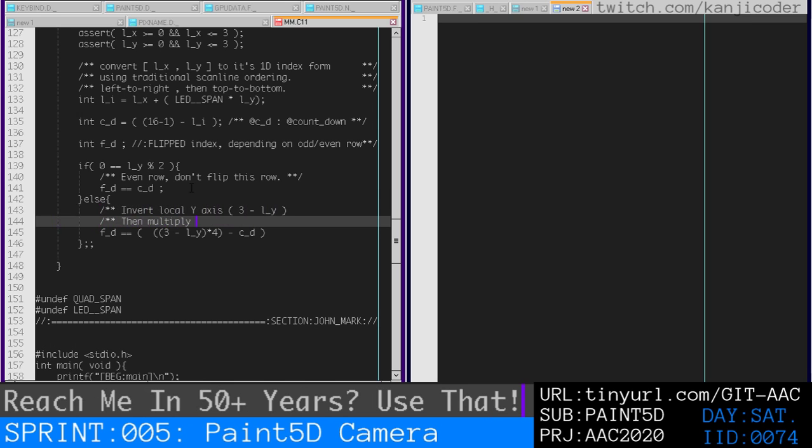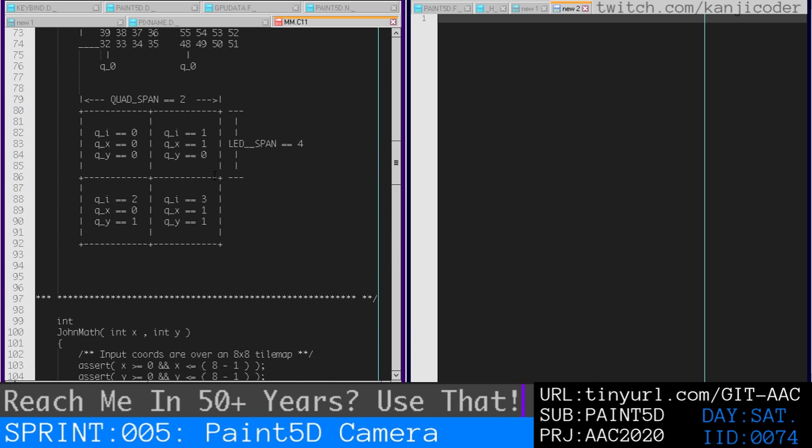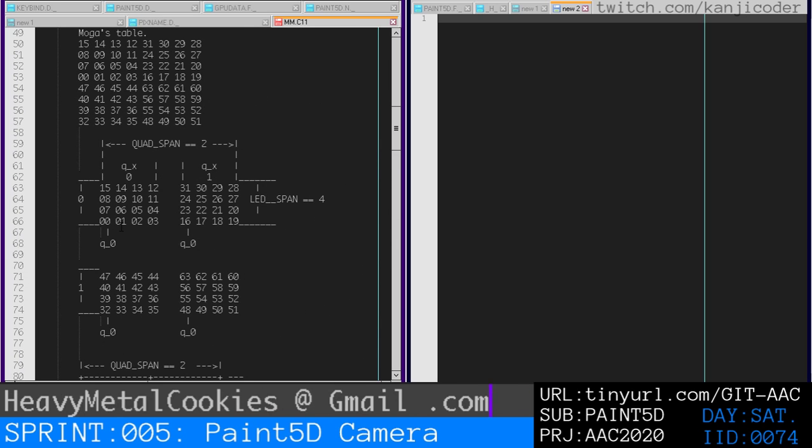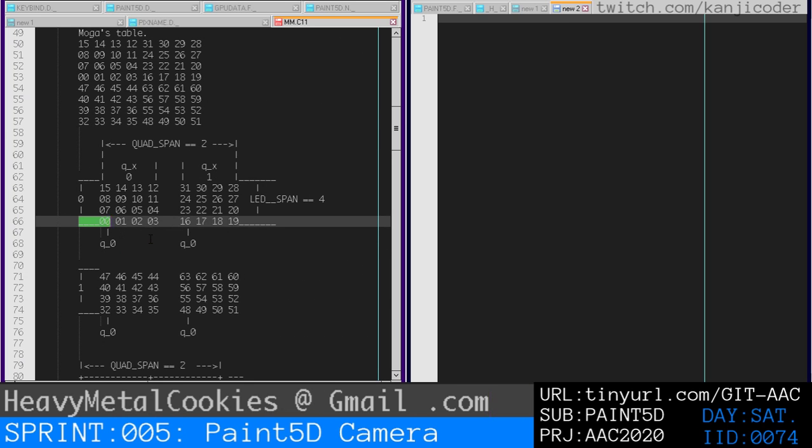Then multiply by stride 4. So 0 times the stride here, for inverting the y, is 0.